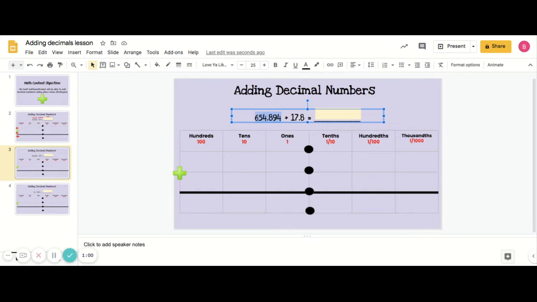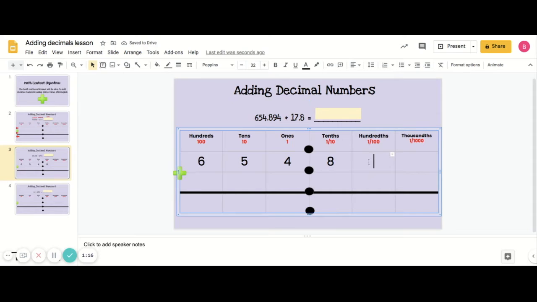I notice that I have a 6 in our hundreds place, a 5 in our tens place, a 4 in our ones place, an 8 in our tenths place, a 9 in our hundredths place, and a 4 in our thousandths place. So if you take a look, we have placed our number 654 and 894 thousandths into our place value chart.